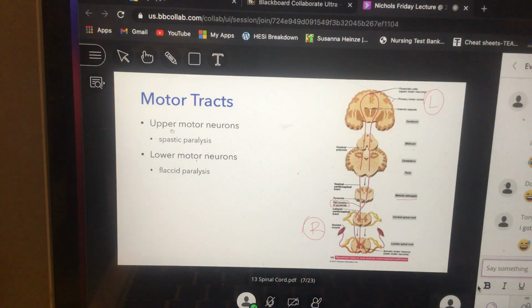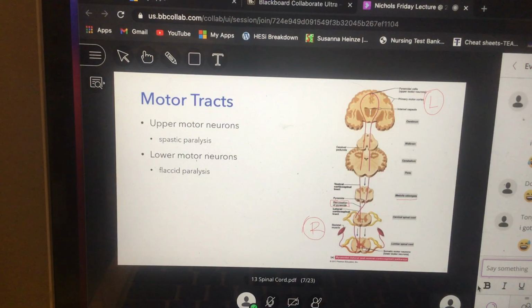But that means we end up with 2 neurons in a sequence needed to get the signal to this muscle right here. So to get the signal to that muscle right there, let's rewind it back here. There's 1 neuron that leaves the spinal cord and goes to the neuromuscular junction.